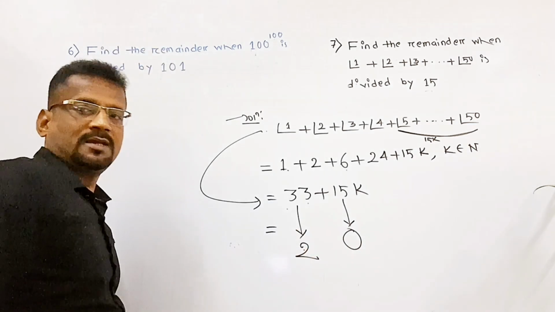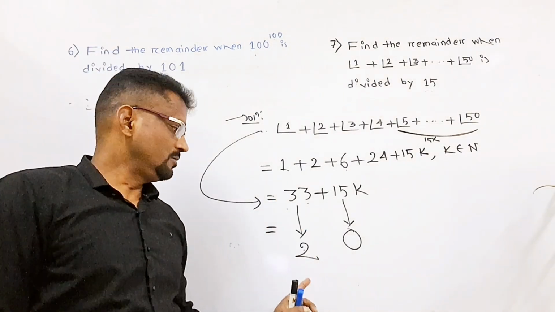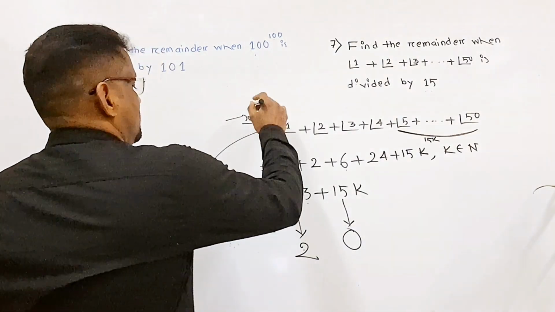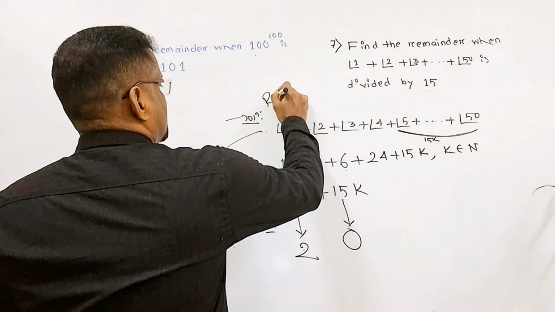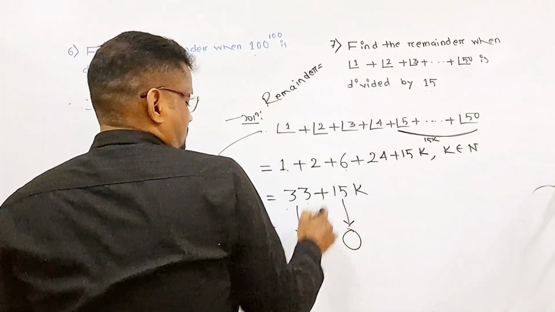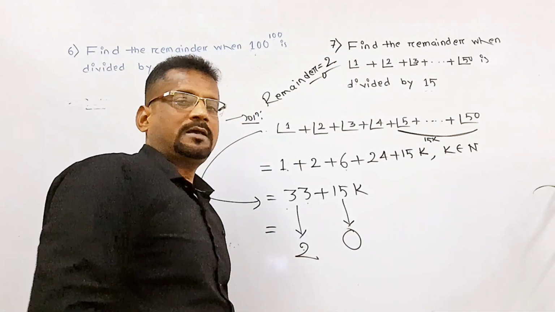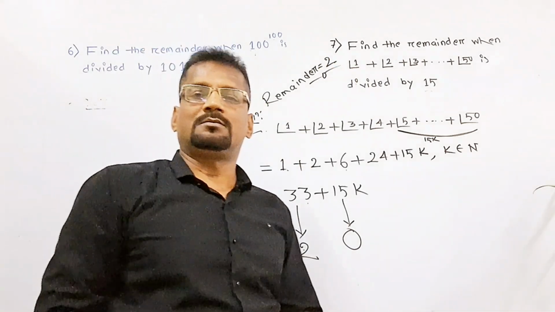Mentally it can be calculated: 15 twos are 30, remainder is 2. So in this case the answer is remainder equal to 2. So this is your answer. I hope it's clear to all of you. Thank you.